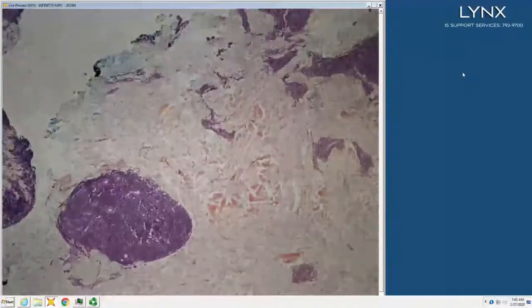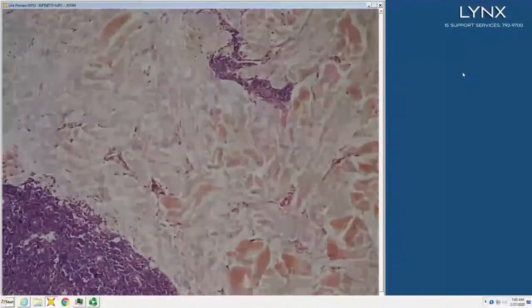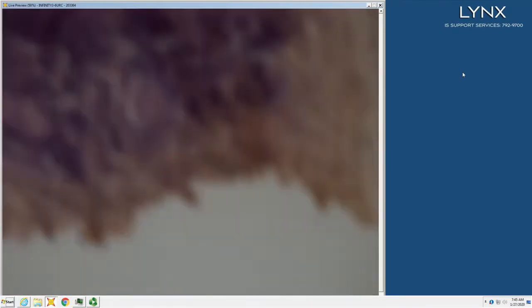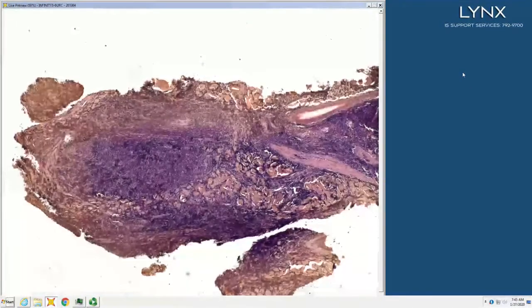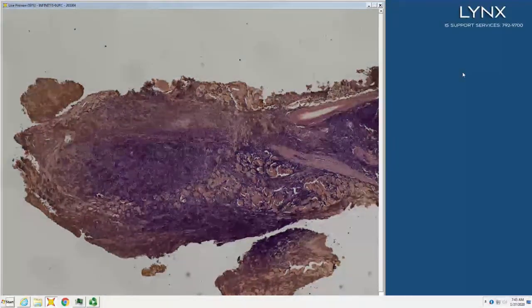So that brings up the possibility of CLL or of other B lymphoma. Certainly not a follicular pattern in this case. You've got a lot of crush.